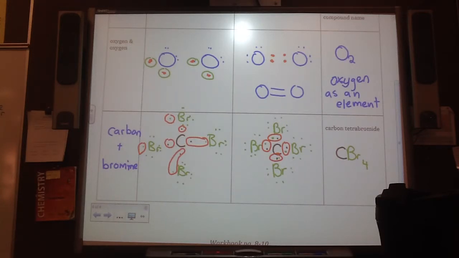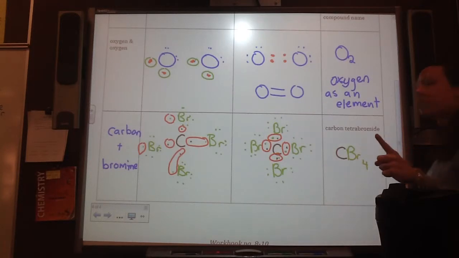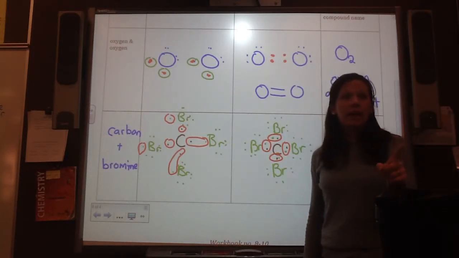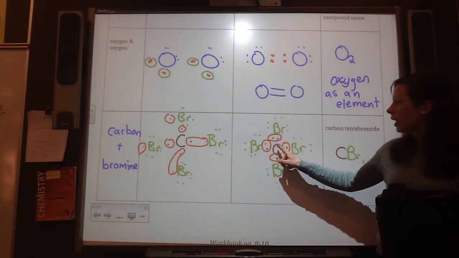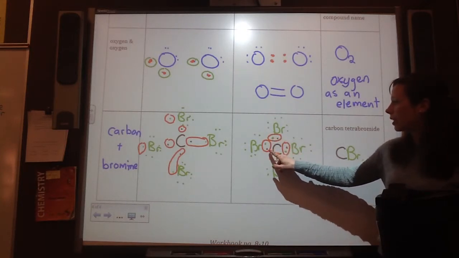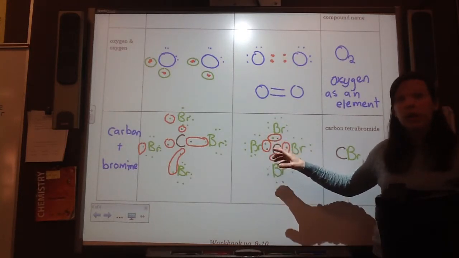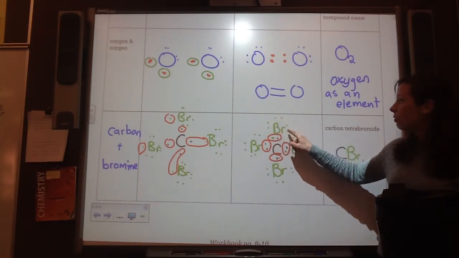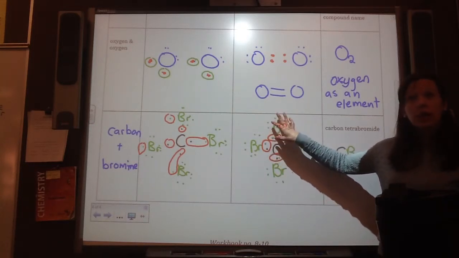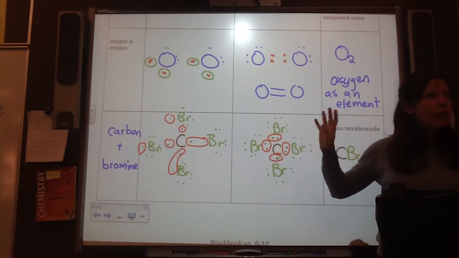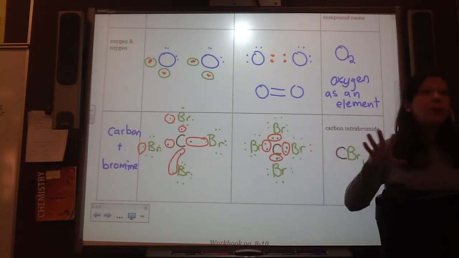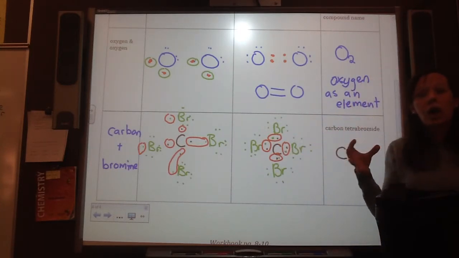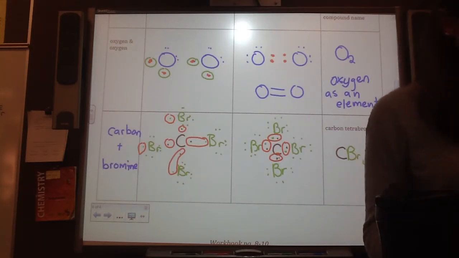Each element is stable now, because if we count, each element should have 8 valence electrons. So if we look at carbon, it has 1, 2, 3, 4, 5, 6, 7, 8 around it. Bromine, 1, 2, 3, 4, 5, 6, 7, 8. So each bromine has 8 around it, and the carbon has 8 around it. So that means it's all stable. So they all had to share it to make it work.